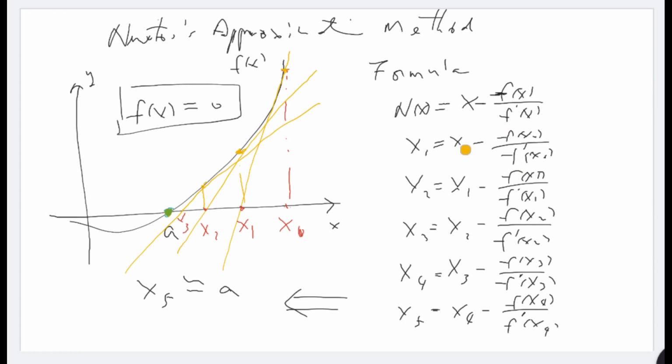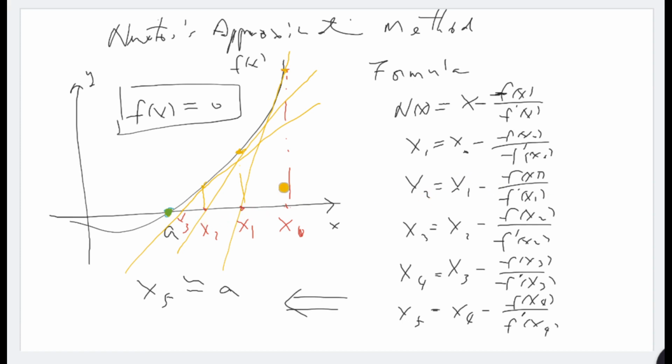This expression on the right side will give you the x-intercept of the tangent line here. So you find x1. Similarly, you write an equation of a tangent line to the graph at the location x1 and set y to 0, and then solve for x. You find this to be your x2.